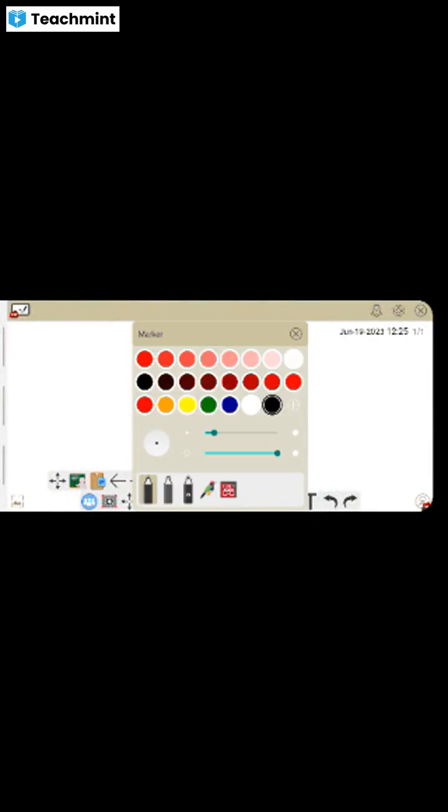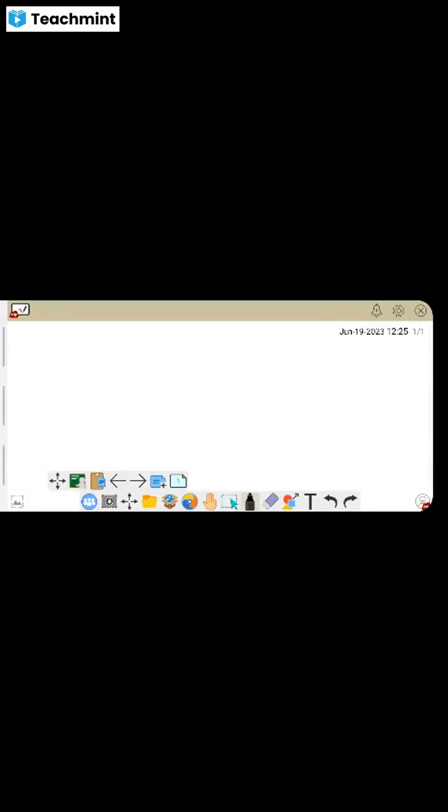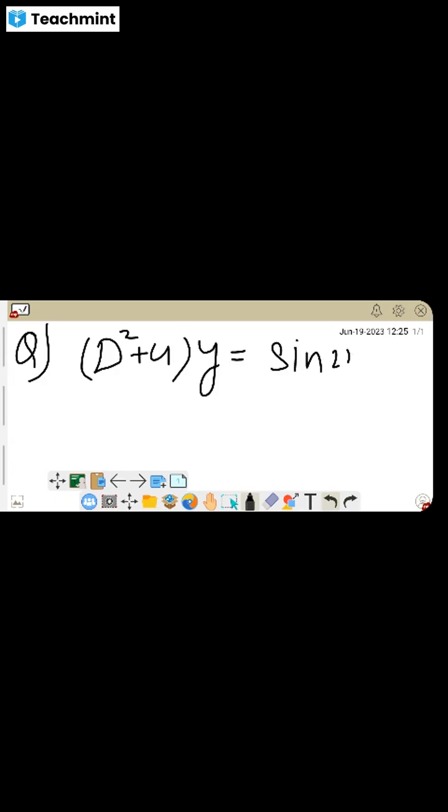We have a question related to this topic. (D square plus 4)y is equal to sine 2x.